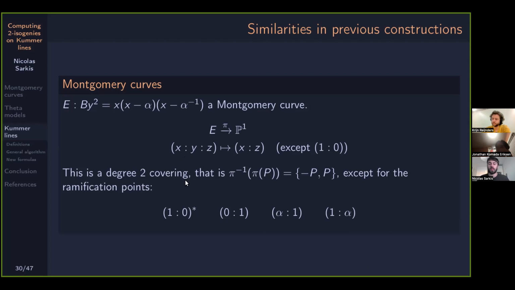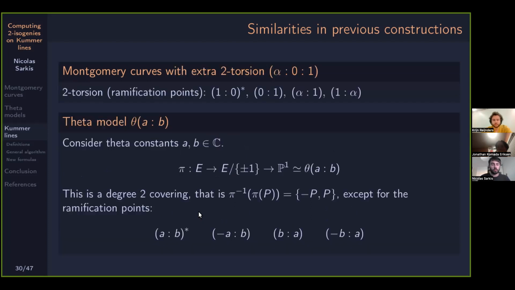What that means is that if you take a point and you want to see how to get this point, you always have minus P and P, except for the two torsion, except when minus P is equal to P. So this is a two torsion, and this is also the ramification points of the map. I wrote them down here, and I added an asterisk to the point that corresponds to the origin. So 1, 0 is the point. The origin is set to 1, 0. This is what happens in Montgomery curves.